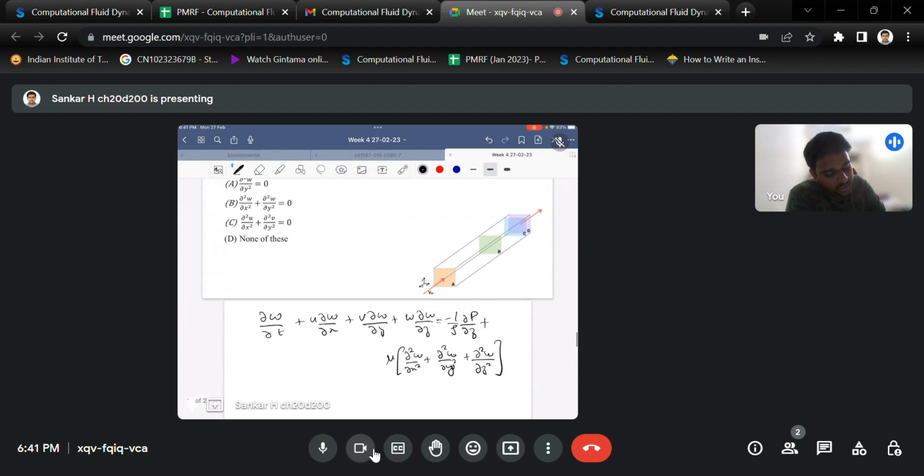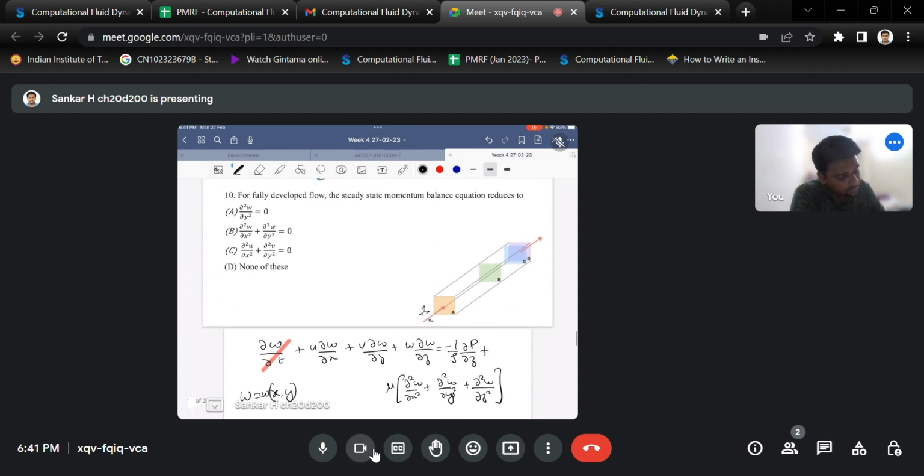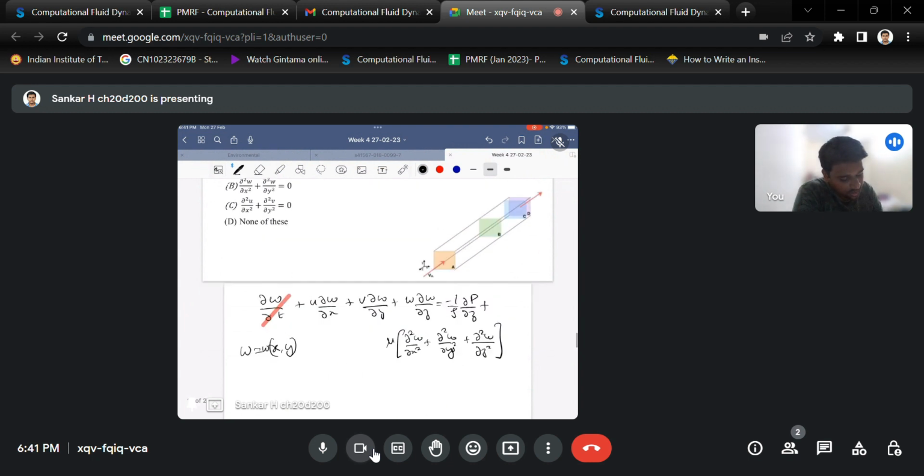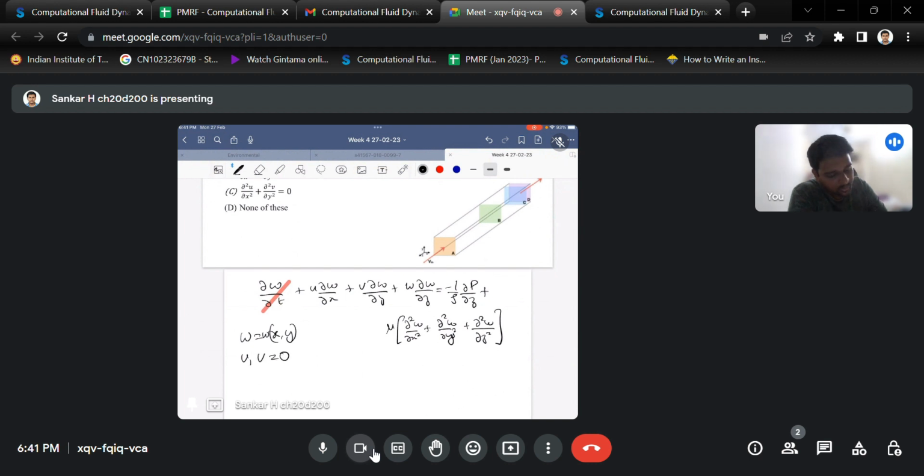For a fully developed steady flow, we see that this component goes to 0, this component goes to 0, and since w is a function of x and y for a two-dimensional flow, and u and v are equal to 0, this term goes to 0, this term goes to 0, and since w is not a function of z, this term goes to 0.